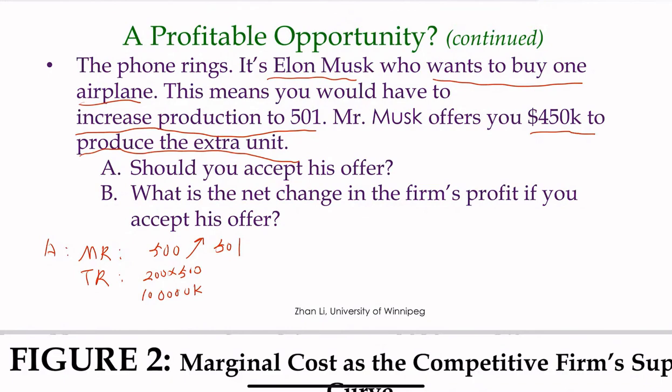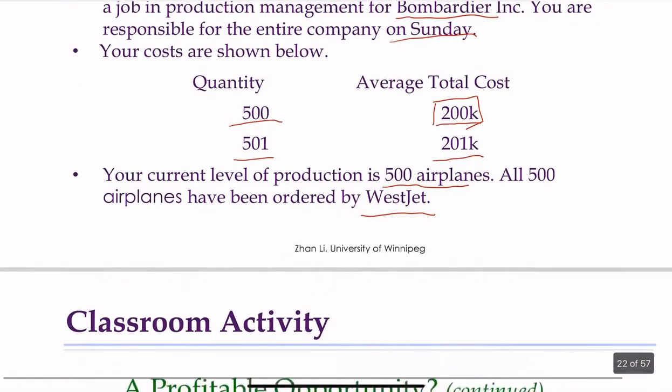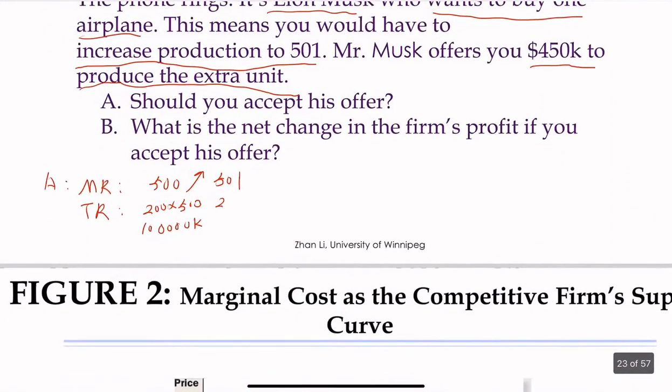And if the output of the airplane is 501, then the total would be 201K times 501. Let me use my calculator to find the number here. So we have 100,701K.